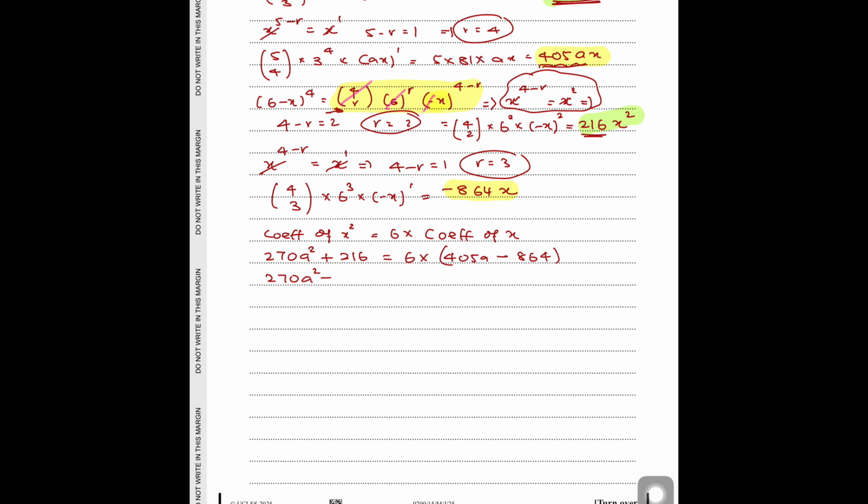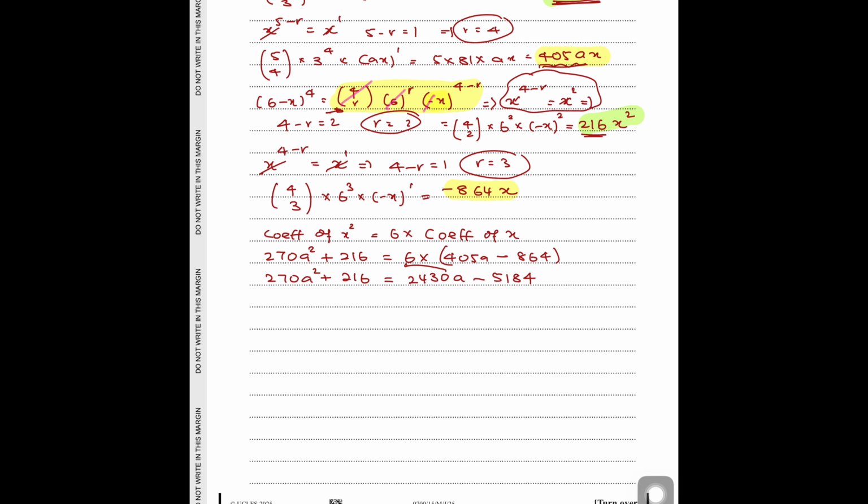270a squared plus 216 equals 2430a minus 864 times 6, 5184.